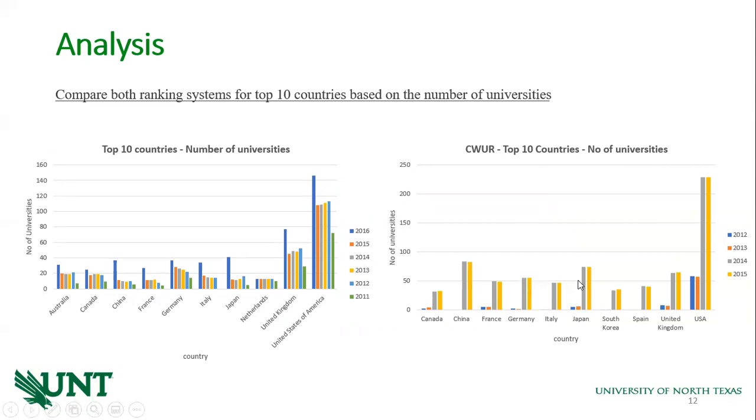Even in the CWR ranking system, we can see that the USA has more universities. Most of the countries in the top 10 are the same in both ranking systems, except Australia.